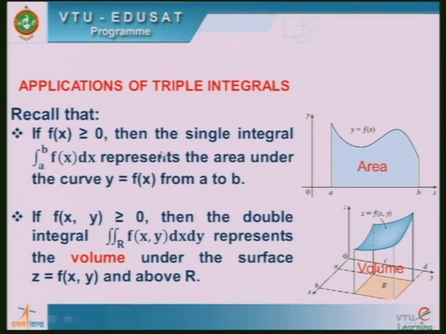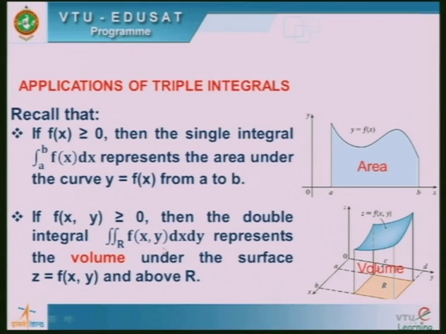Just to recall, what about the single integral? If f(x) is a positive function, as I told you earlier, then the single integral from a to b of f(x) dx represents the area under the curve y equal to f(x) between the two ordinates x equal to a and x equal to b, above the x axis.